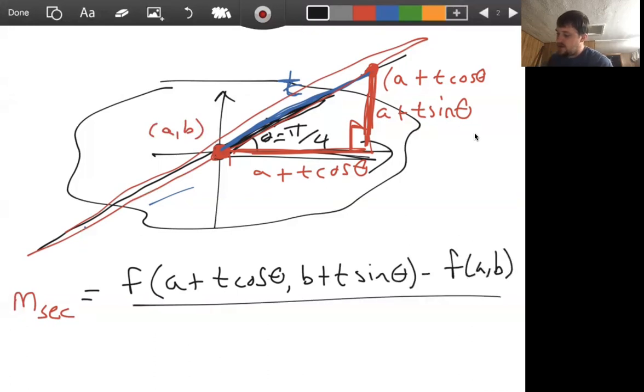That's the rise, right? Over the run, which is just t. So this gives us the slope of the secant line. And now if we take the limit as t goes to 0, then these points get arbitrarily close here. And we get the slope of the tangent line, which is also the definition of the directional derivative.